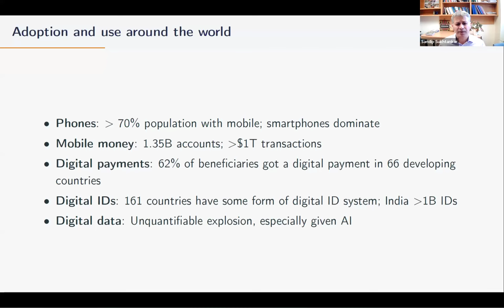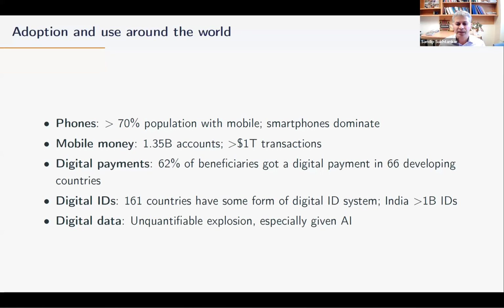When we talk about digital payments, these have exploded, especially since COVID. These are electronic transfers directly into bank accounts rather than mobile money. Digital ID very often refers to biometric IDs.